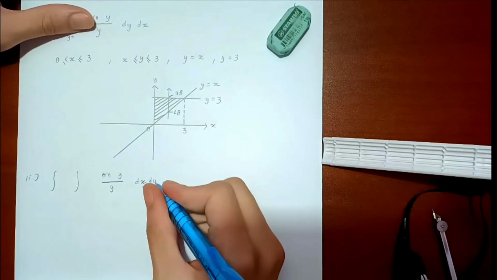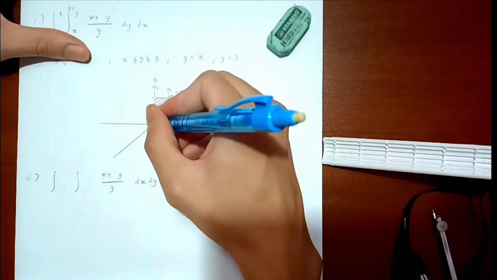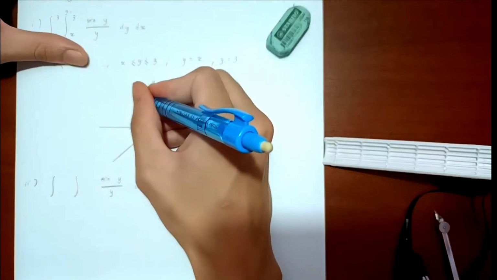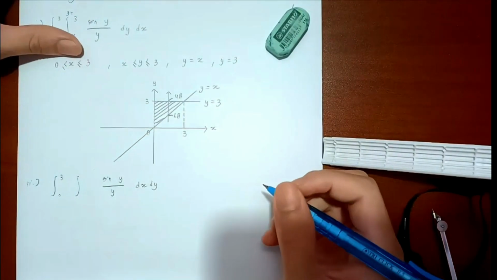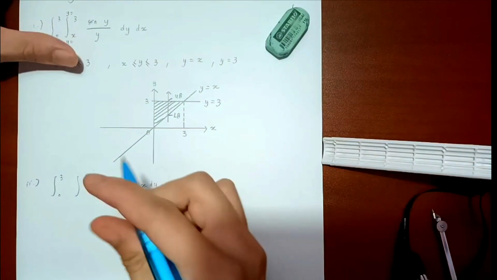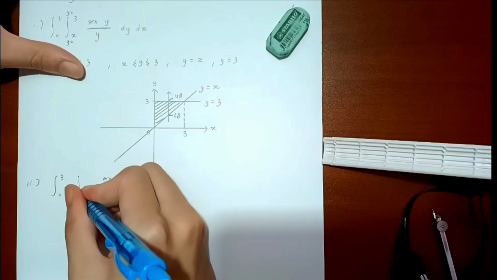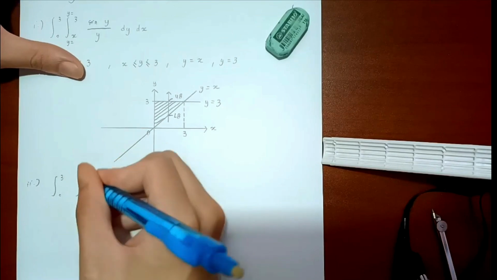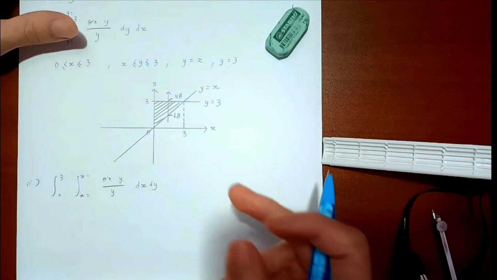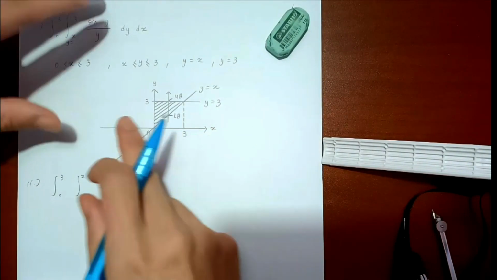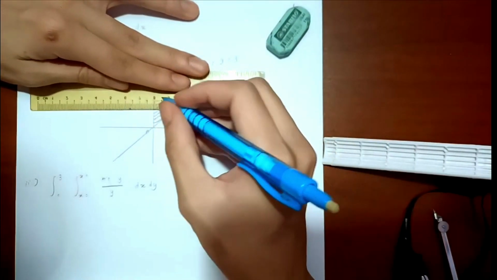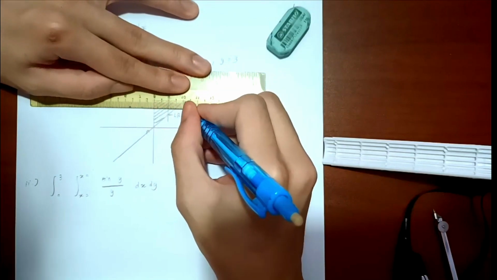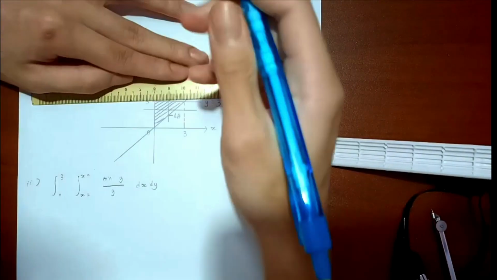So my y value should be from 0 to 3. And then for my x value, it should be in the form x equals something. So if it is x, it means that I want to draw a straight line parallel to the x-axis, something like this, from the left to the right.